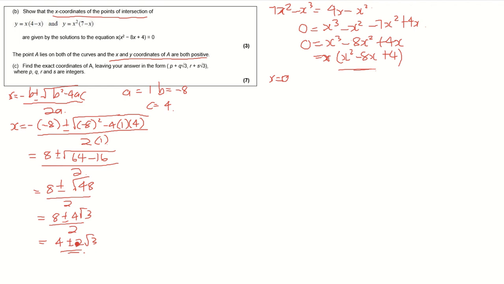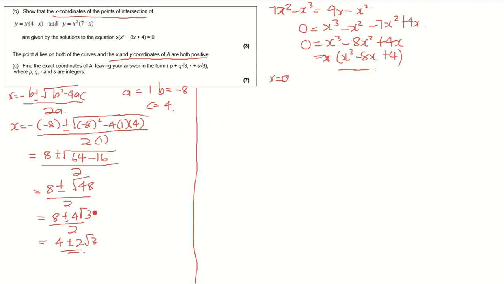So looks like I have to take both. Both values are positive for x. Maybe one of the y values might be negative, so out of these two x values, 4 plus 2 root 3 and 4 minus 2 root 3, we have to choose the one that gives x positive and y positive.